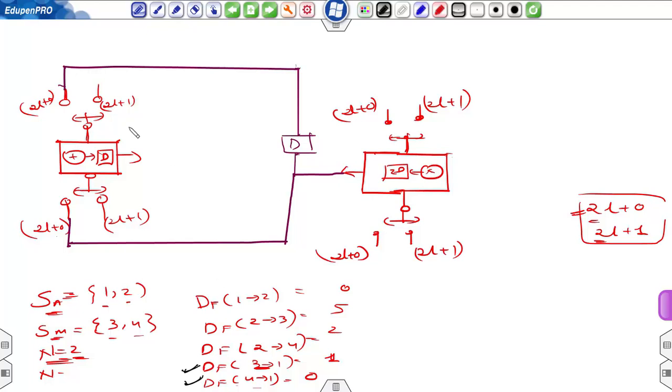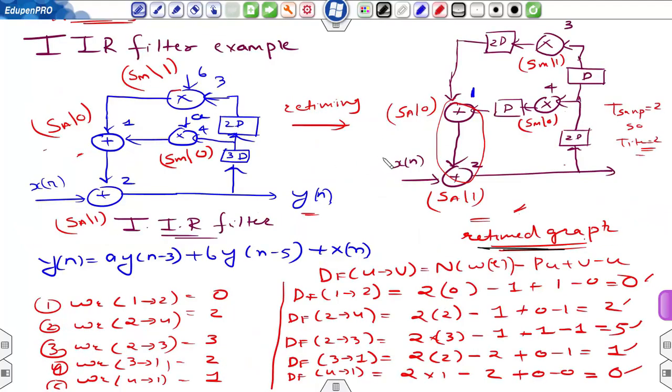Now the second input. During the second cycle, 2l plus 1, this adder will complete the task of adder number 2, and adder number 2 is receiving one of the inputs from node 1. Either you can refer to this circuit or you can refer to this folding equation. So adder number 2 is receiving input from node 1, and the second input is from an external source.